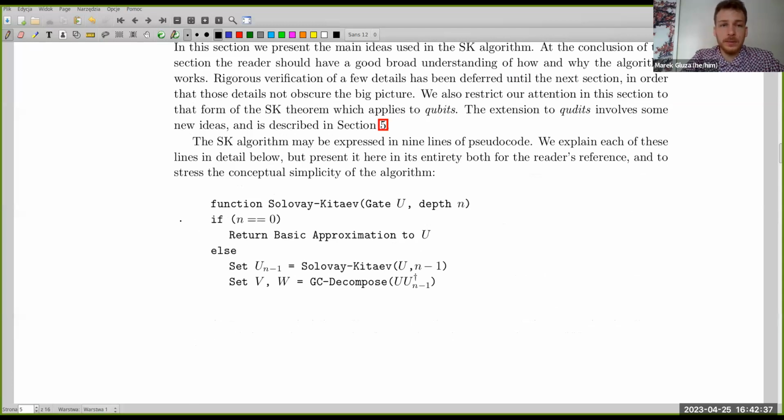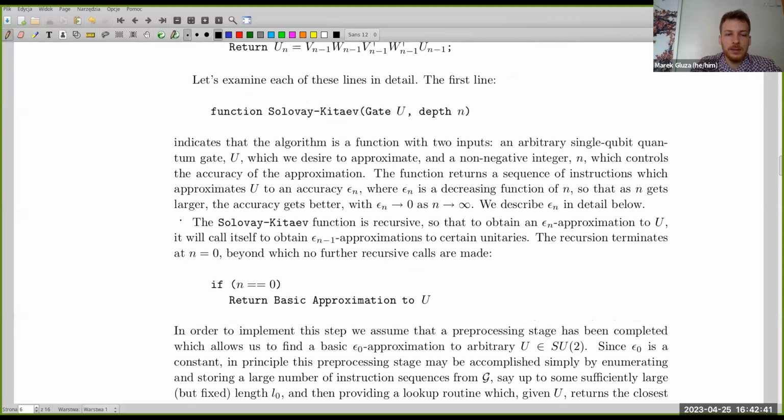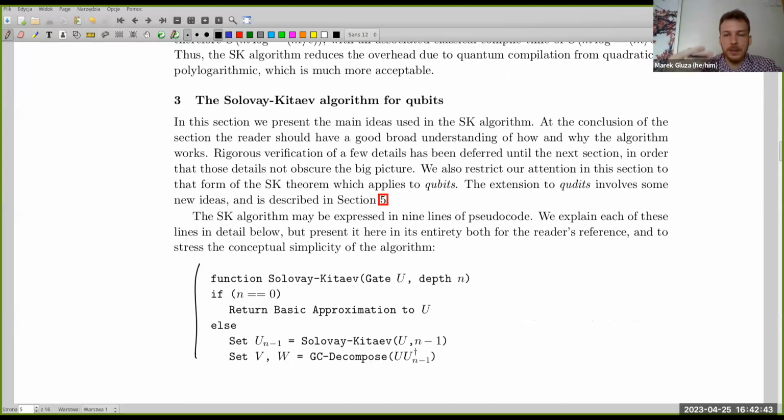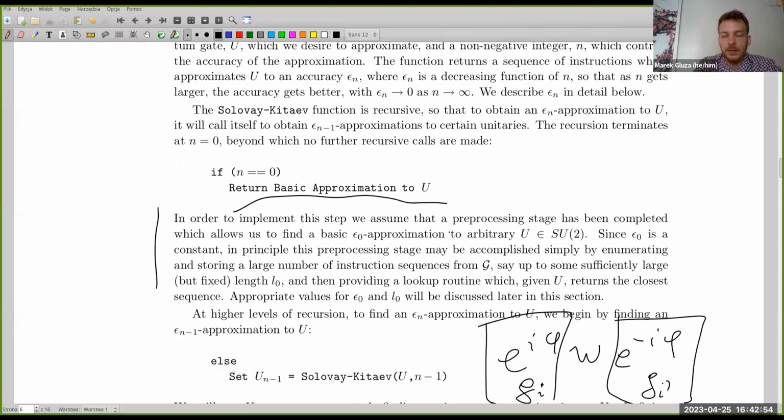One thing I want to say is that at the initial step, you consider the basic approximation to U, and they explain it quite nicely. In order to implement this step of basic approximation to U, which is the initialization of the algorithm, we assume that there is processing that has been completed, which works for some epsilon approximation.